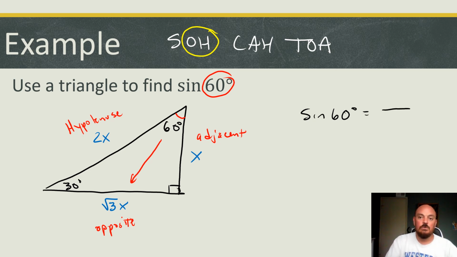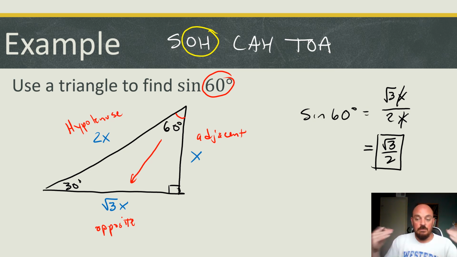Opposite is radical 3 times x. Hypotenuse is 2x. Well, what happens is those x's cancel out. If I have x on top and x on bottom, they cancel. And my final answer is just radical 3 over 2, or square root of 3 over 2. So that's going to be our answer here for SOHCAHTOA.